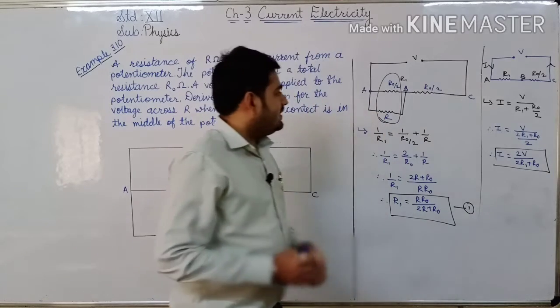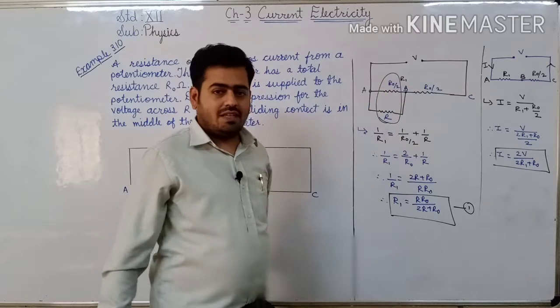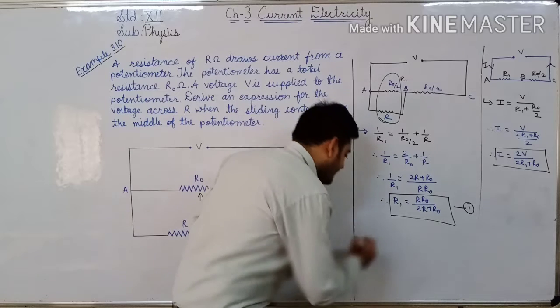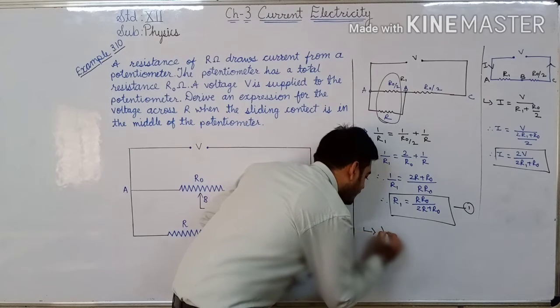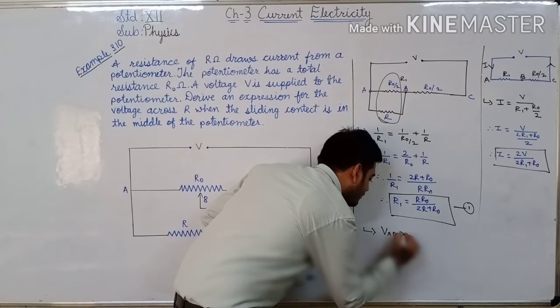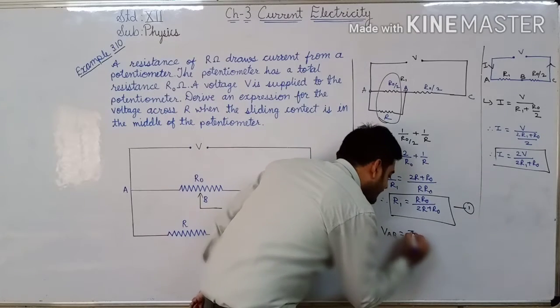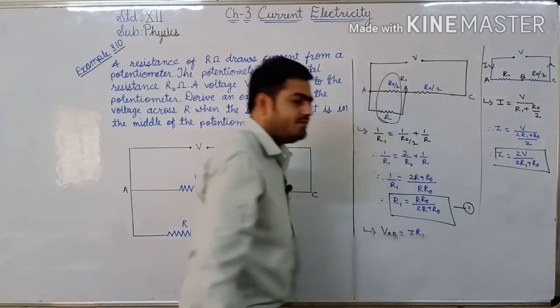चलो क्या फाइंड कर लेते हैं? VAB. आइए देखते हैं क्या बनेगा VAB. पोटेंशियल ड्रॉप अक्रॉस AB इज नथिंग बट करंट I इंटू R1.